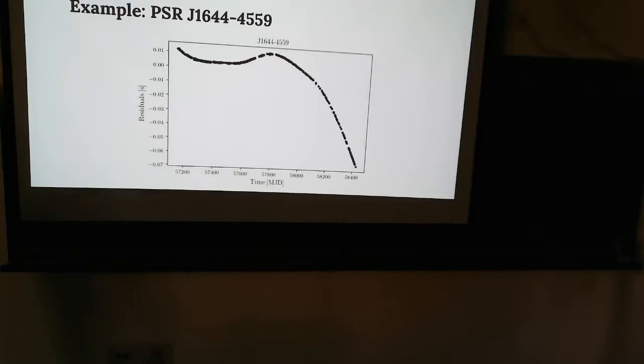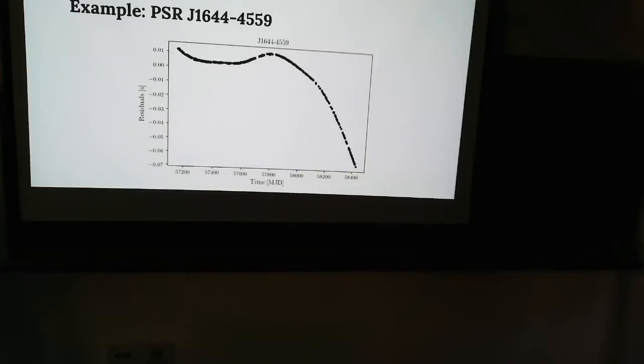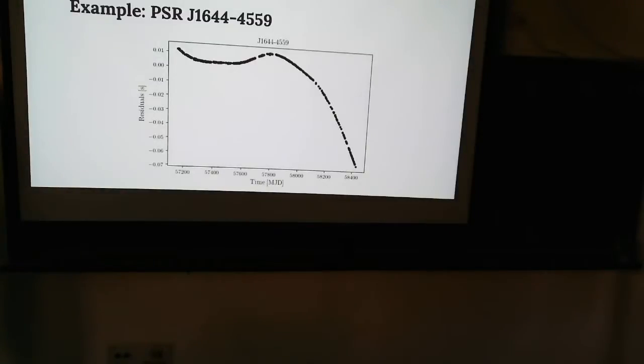So if you were to split this up into smaller 15 or 30-day segments, you could get local fits for, say, the spin or the spin down. But the issue then is when you want to use that local fit for another data set that you've taken at a completely different time. In that case, the spin may have wandered a bit, and so when you go to apply that timing model to your new data, you will end up seeing some sort of trend in your data.